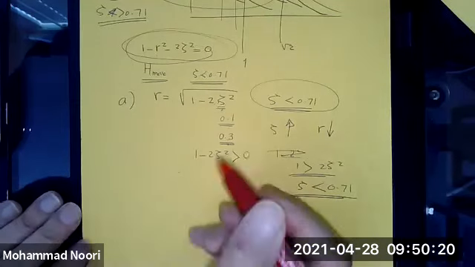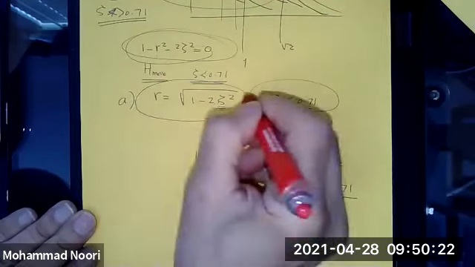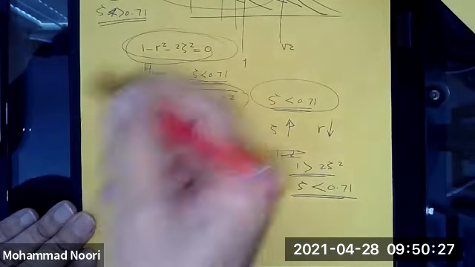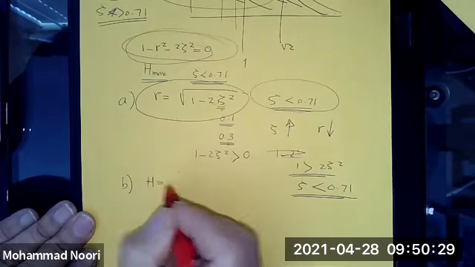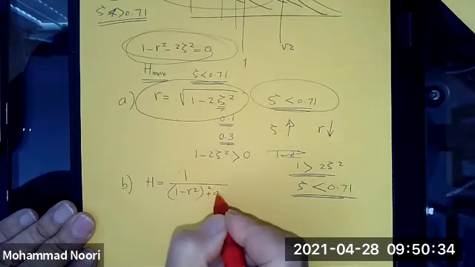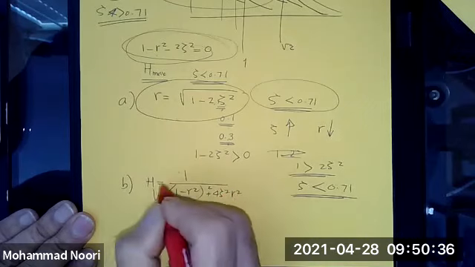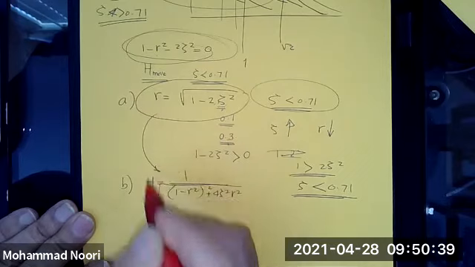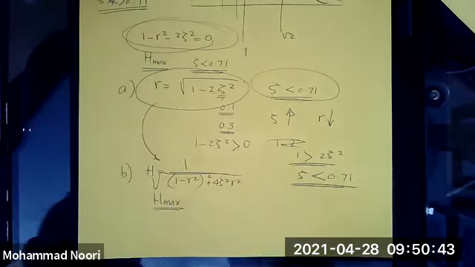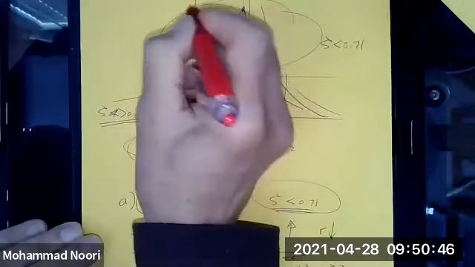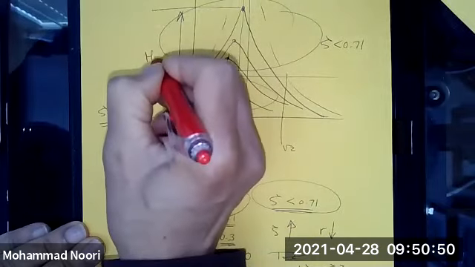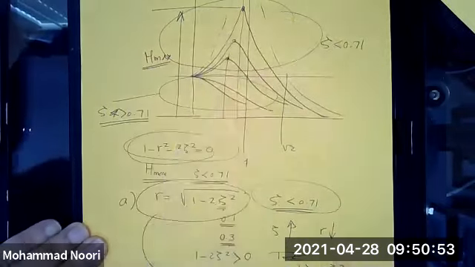But now, let's substitute this value into H, which is that function. I will rewrite that. So this is the function, 1 minus r squared plus 4 zeta squared r squared. Let's substitute this into this function to find H max. H max meaning, for a particular value of zeta, this is the peak value.